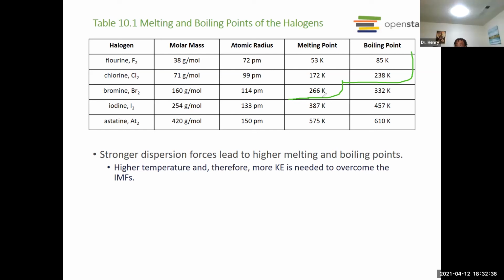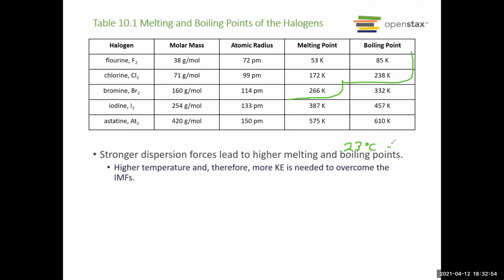Bromine would be solid, liquid, or gas at room temperature? Wouldn't bromine be a gas too? So what is room temperature? Typically, room temperature is about 23 degrees Celsius.